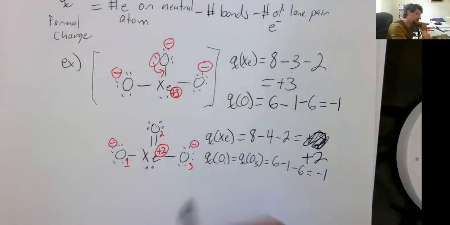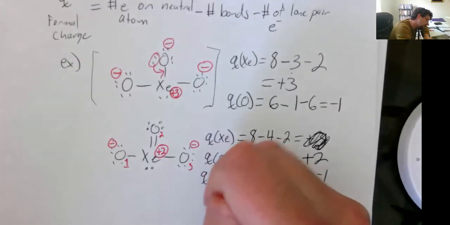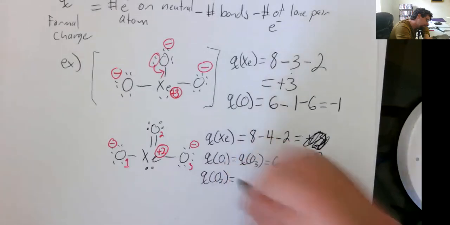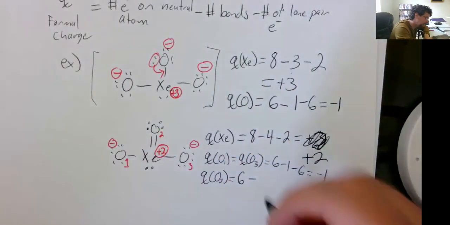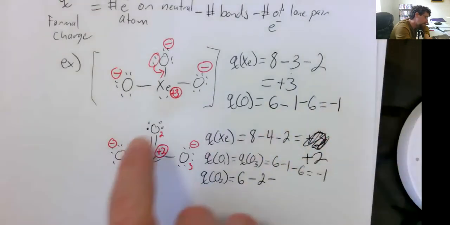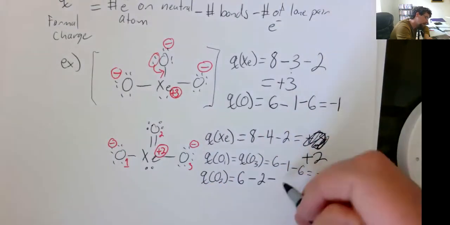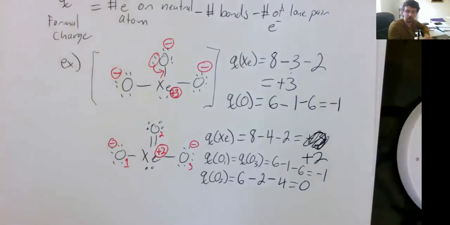If we calculate the charge for oxygen number 2, we have 6 minus the number of bonds, 2 bonds, minus lone pair electrons, 1, 2, 3, 4. We get a 0. If there's a 0 charge, we don't have to indicate it on the structure.